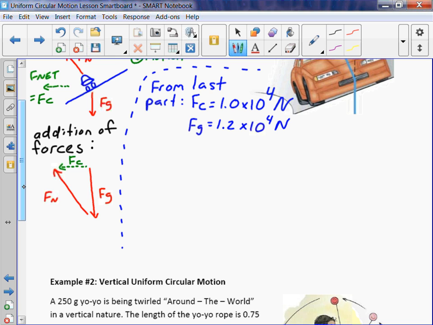I'm understanding. So that's sine inverse.